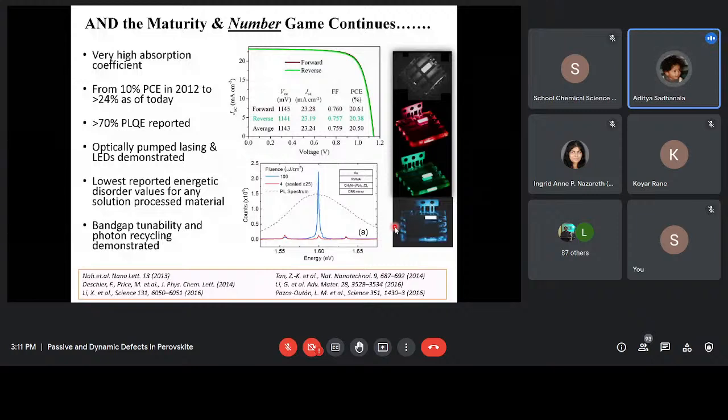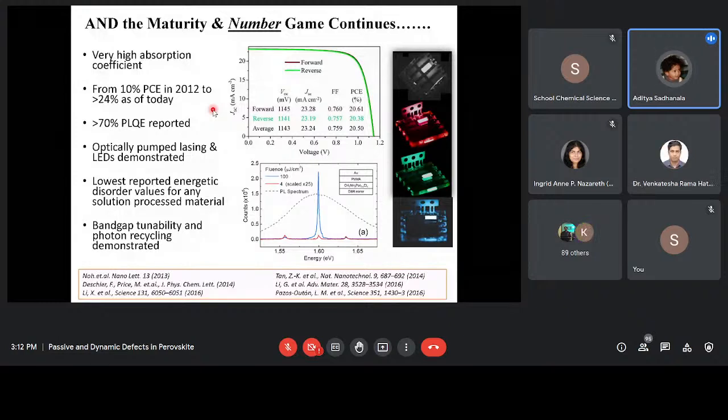And the reasons for that are obviously the attractive numbers that these materials actually end up giving in various devices. The first one being you basically have a very high absorption coefficient. So you absorb a lot of light in a very thin film. The absorption coefficient is quite high, comparable to gallium arsenide if you like. The power conversion efficiency, which is PCE, for solar cells was around 10% in around 2012.